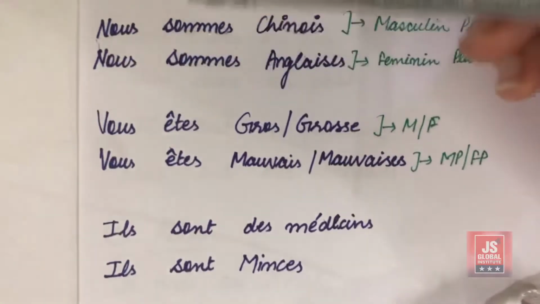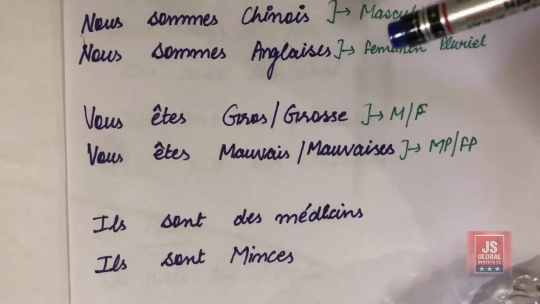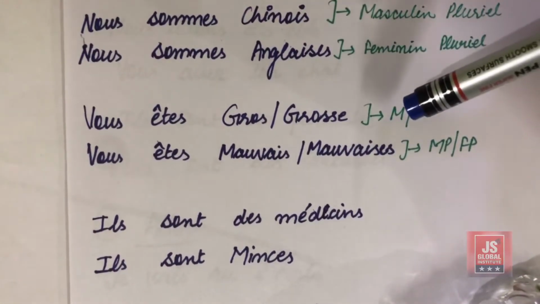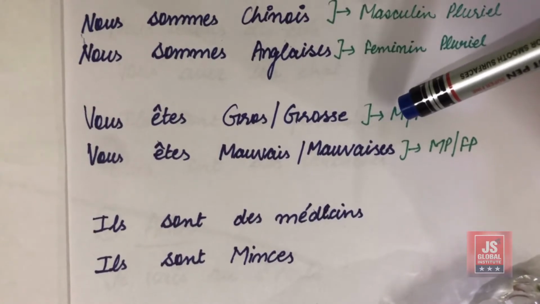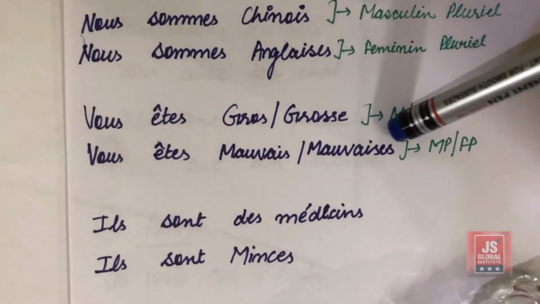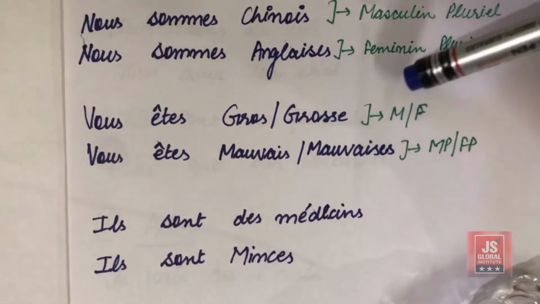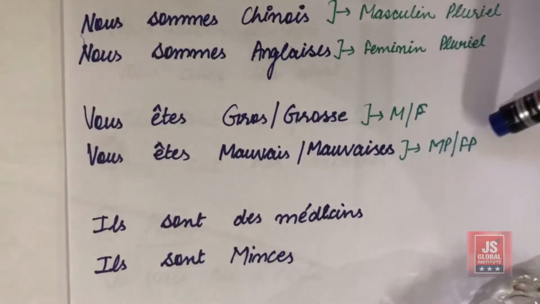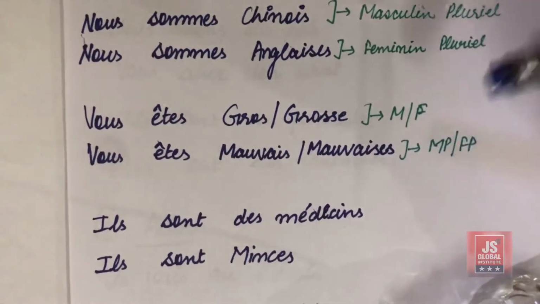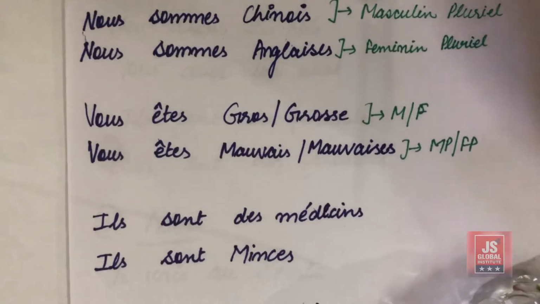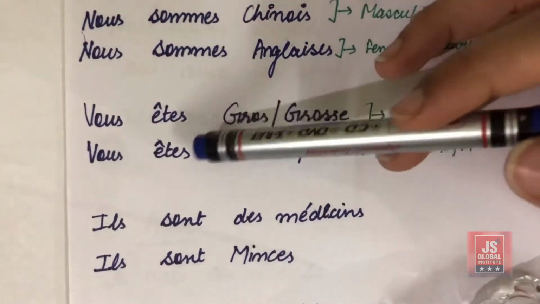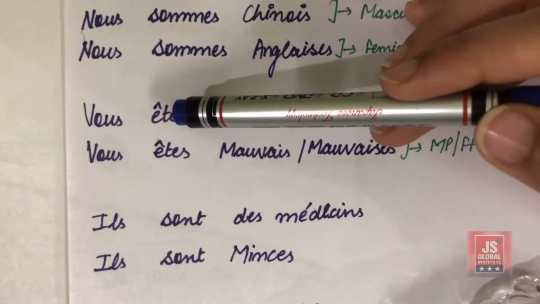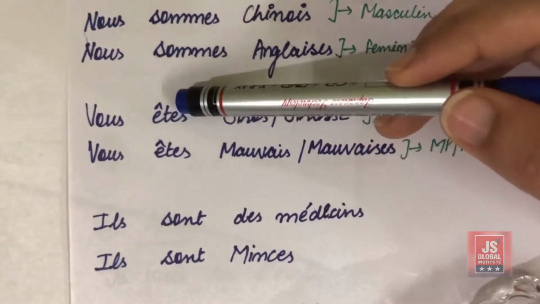Okay, next is vous. So vous is used in 4 cases, that is in order to give respect to your senior, or if you want to say you in a formal way. Your senior or the respected person can be masculine or feminine, or also vous is used for masculine plural as well as feminine plural. For example, if I am addressing a group of people, they can be masculine plural, they can be feminine plural. So the respective conjugation used for être with vous is vous êtes.